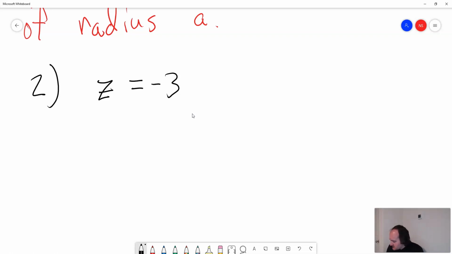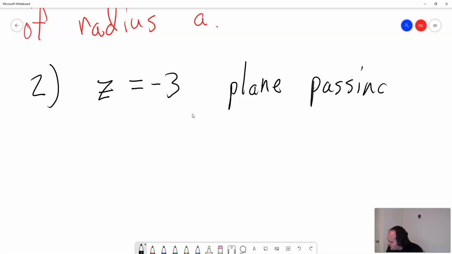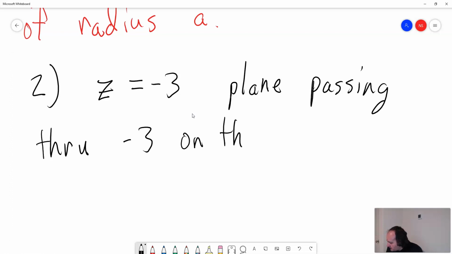Okay? So this is going to be a plane passing through z equals -3. So passing through -3 on the z-axis.